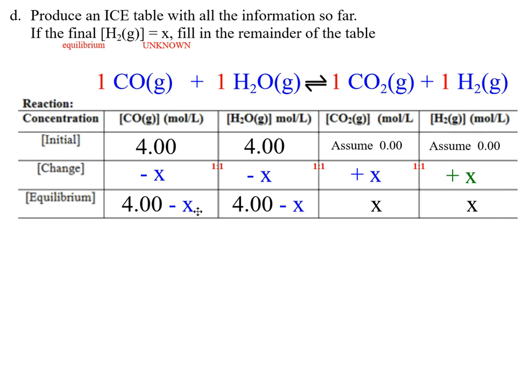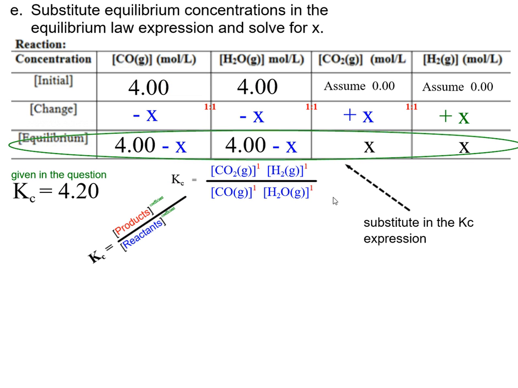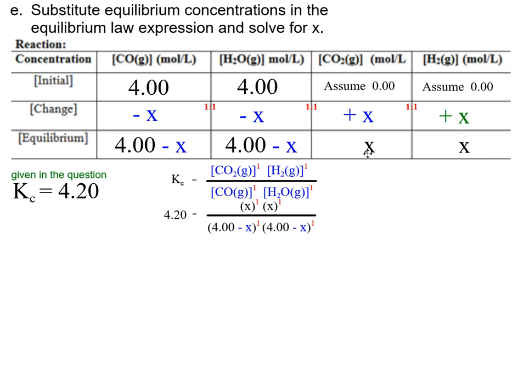Now we have equilibrium values. All the values under equilibrium are what we use for the equilibrium constant Kc. These are the values that I will plug into my expression. They've given me Kc as 4.20. I plug them in, check and recheck.